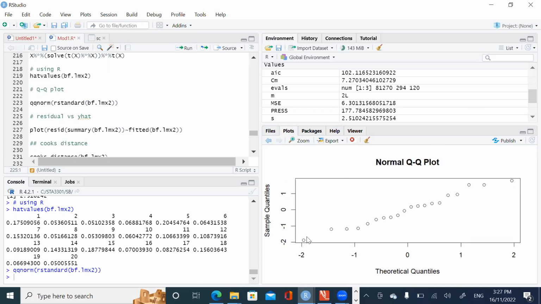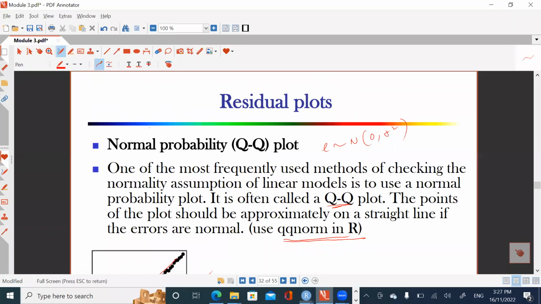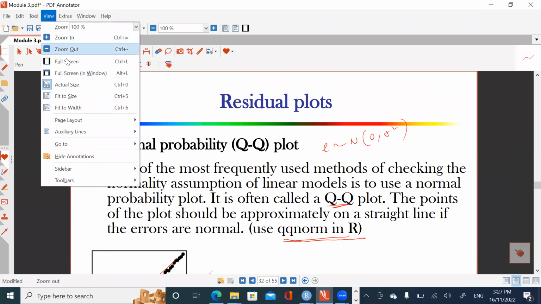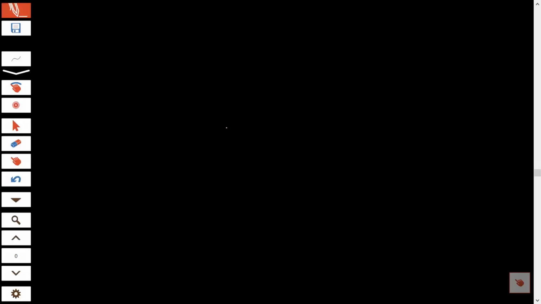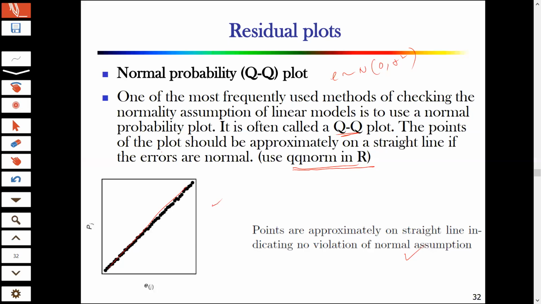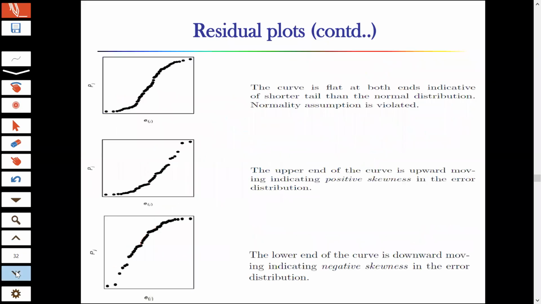It would be exactly normal if all the points lay on the straight line, but here it is a little bit different, though probably approximately normal. So this is how we can check normality using the QQ plot.